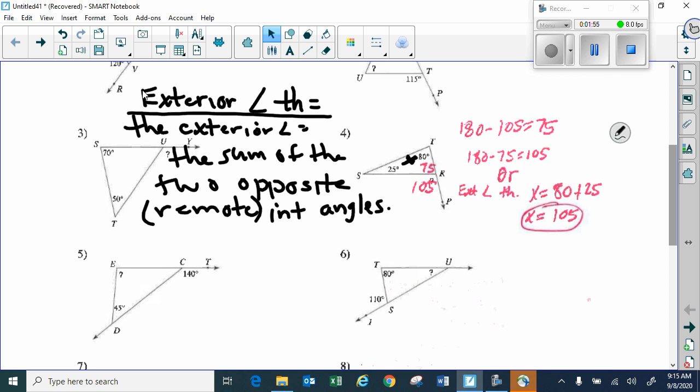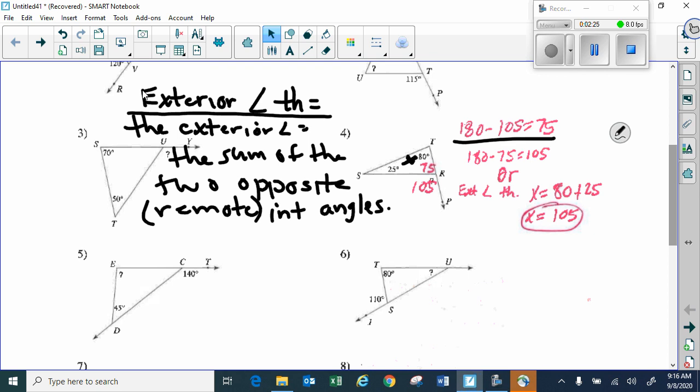So this one right here had the X, the question mark, where this angle was right here. Even if you forgot the exterior angle theorem on the DCAS, for example, I can still get it by using linear pairs. So I know that these two form a linear pair. So 180 minus 105.